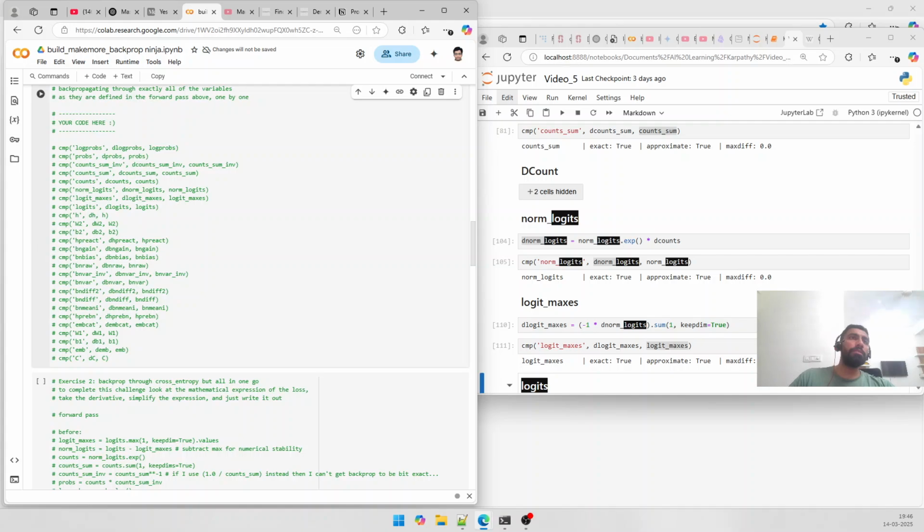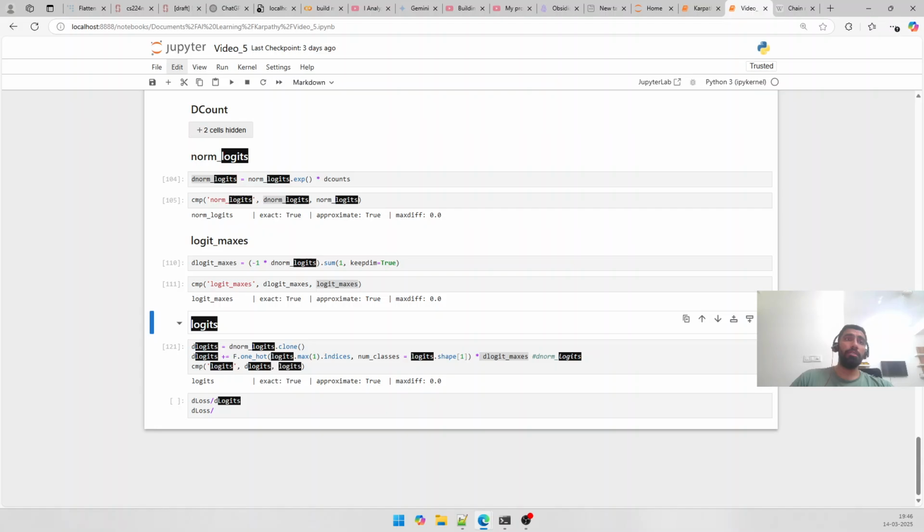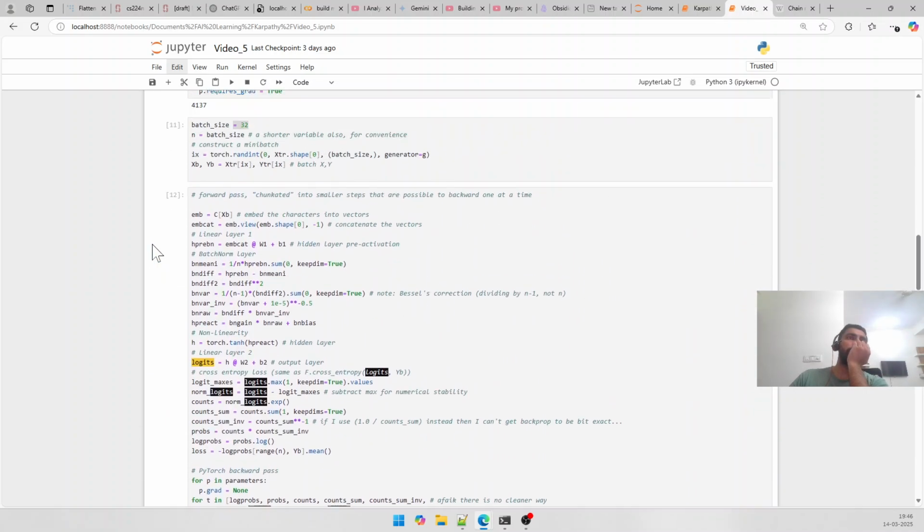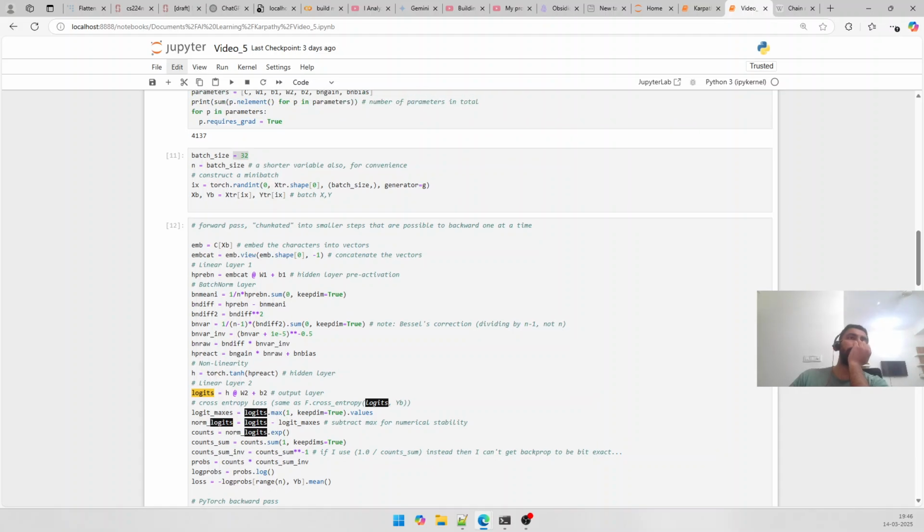Okay, so we had calculated till here. So this is all we need to calculate now. We are calculating with respect to h now. So h is here. H impacts logits, and then logits impact the loss.